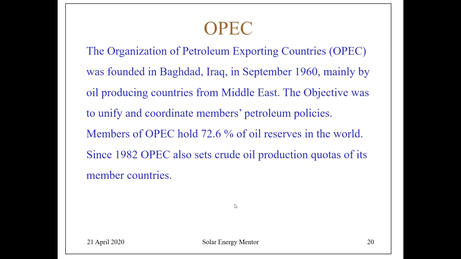Members of OPEC hold 72.6% of oil reserves in the world. They literally control the oil reserves and production of oil in the world. Since 1982, OPEC also sets crude oil production quotas of its member countries. So a member country cannot go on indiscriminately producing crude oil unless it takes permission from OPEC.